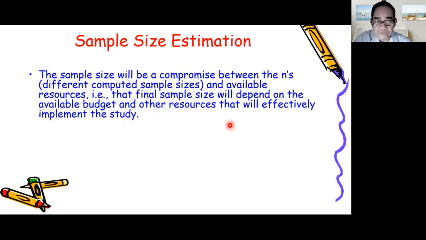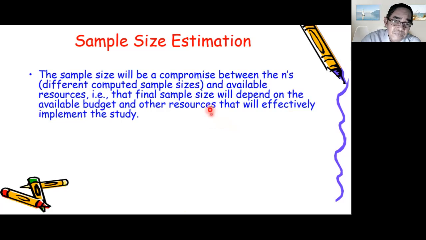If, for example, you will not be able to attain this much sample size, you can, as a matter of fact, make it larger or smaller depending on the level of accuracy or the level of reliability or precision of the sample size.